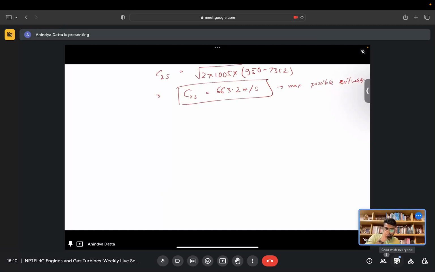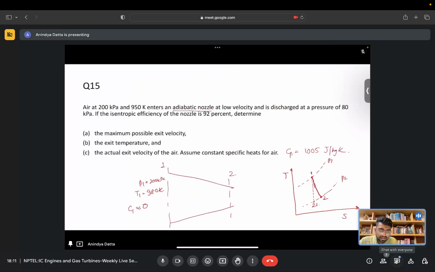So in this case we applied the energy balance equation, the steady state steady flow energy equation from the first law of thermodynamics, and then assuming the flow is isentropic, we computed the temperature at the exit of the nozzle, and then we put in the values to find the maximum possible nozzle exit velocity. Okay, so the second part of the question is to find the exit temperature.